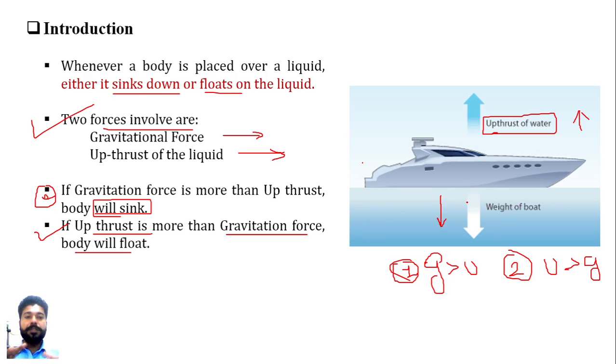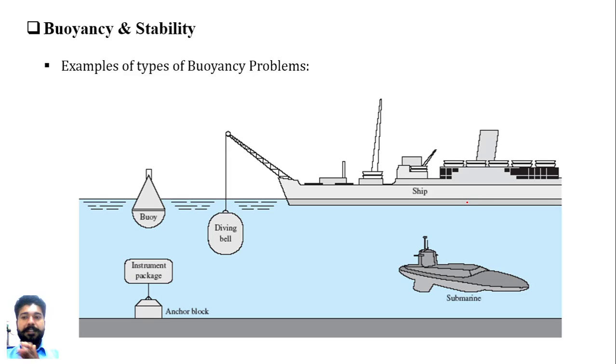So this was a simple introduction to buoyancy, the actual case acting in real life. Here are some examples based on buoyancy problems. First, the instrument package or the anchor block, which sinks in the fluid.